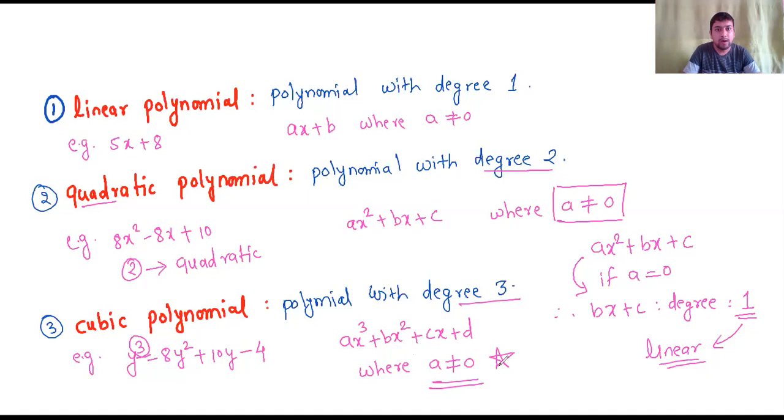So hope you have understood how to find the degree of a polynomial and what are linear polynomial, quadratic polynomial and cubic polynomial, right? So I will give you one simple example. You have to identify the degree of that polynomial. Okay, so let's say consider the first example.